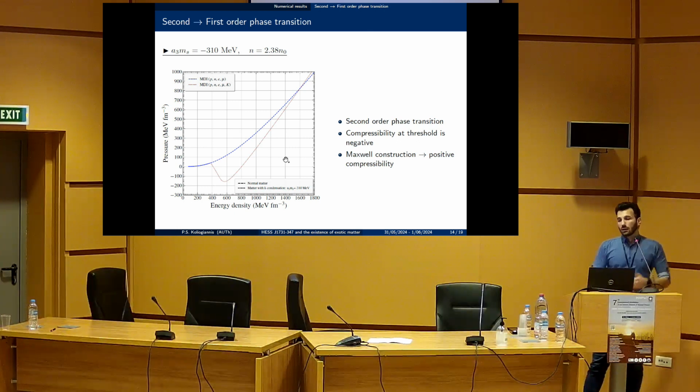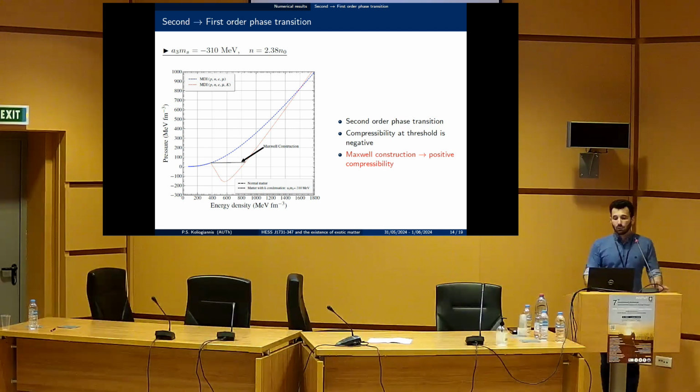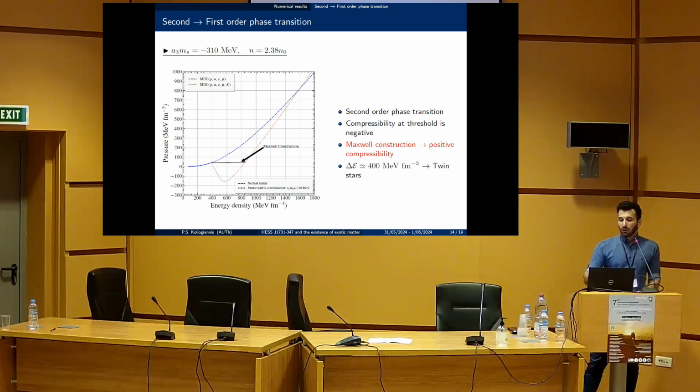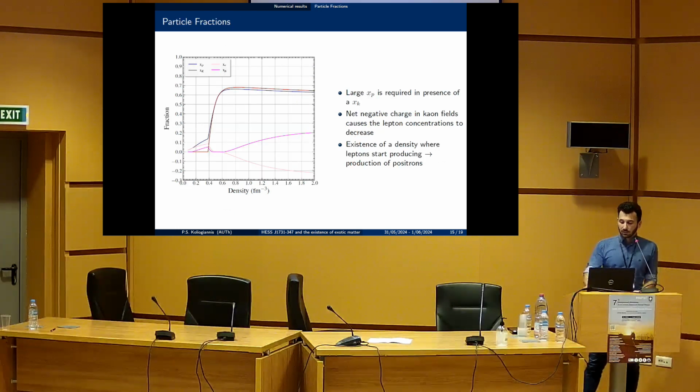As we cannot have this behavior in neutron stars, we employ a Maxwell construction in order to have positive compressibility. With a Maxwell construction, we also introduce an energy gap at around 400 MeV per fermi cubed, which also leads to the appearance of twin stars.